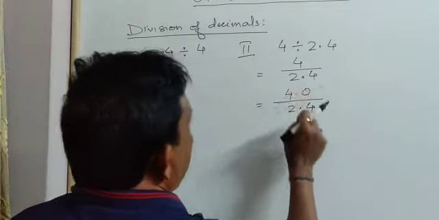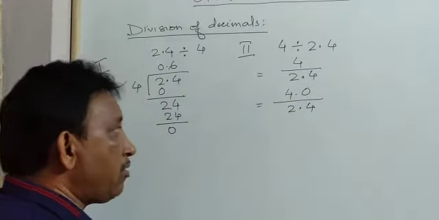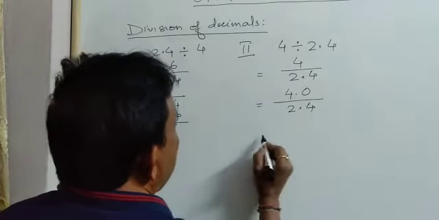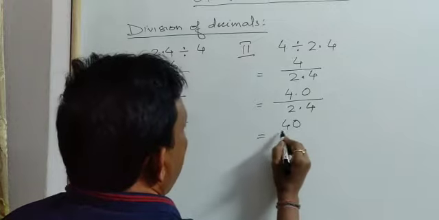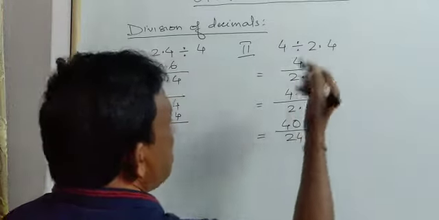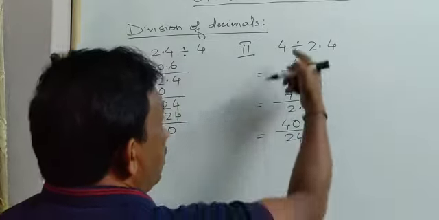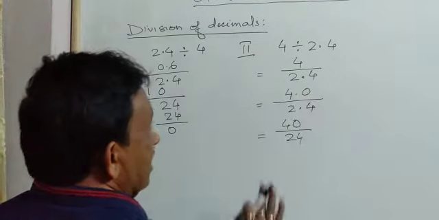I am making them like decimals. Once it is converted to like decimals, I remove the decimals. So it becomes 40 by 24. You see, I got the same as whatever I got by multiplying both the numerator and denominator by 10. So this is the easier way.